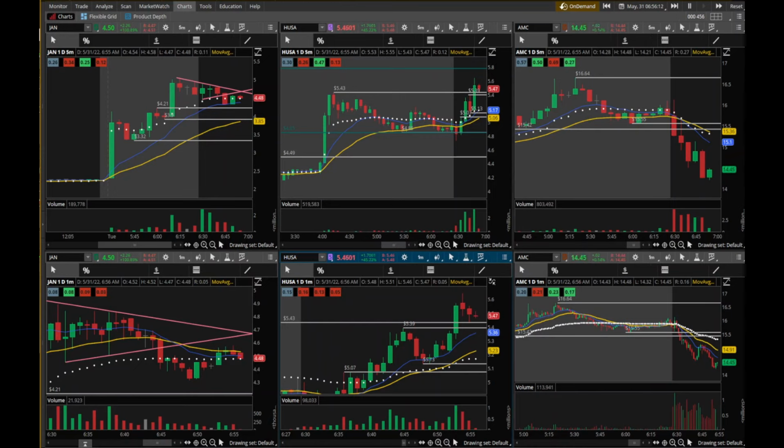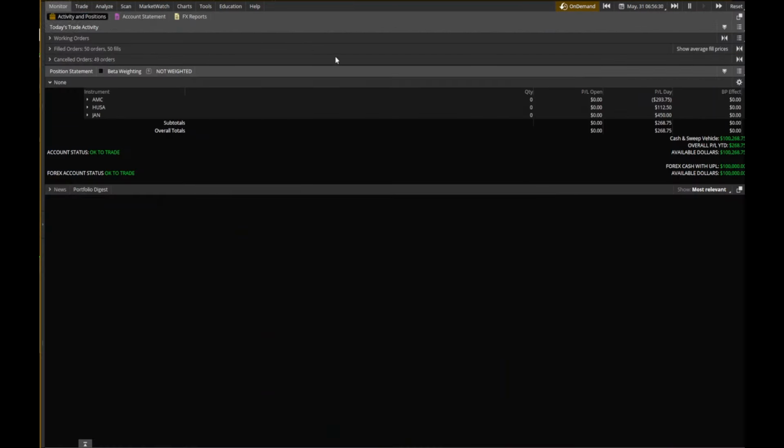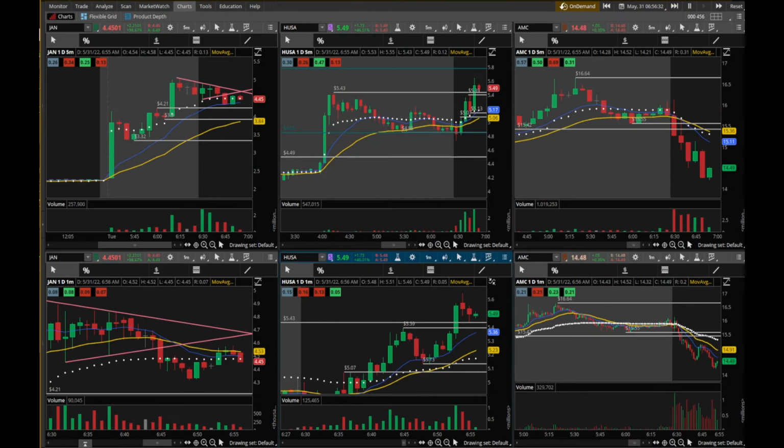Will that support hold? Will it hold? I'm buying it there and I'm selling it there for just a quick little profit. Up to 68. That's almost $300.